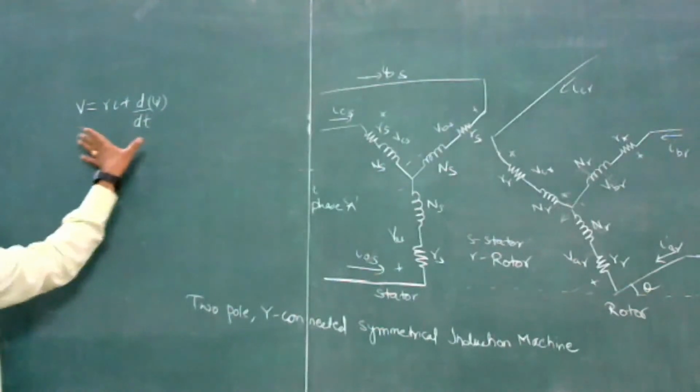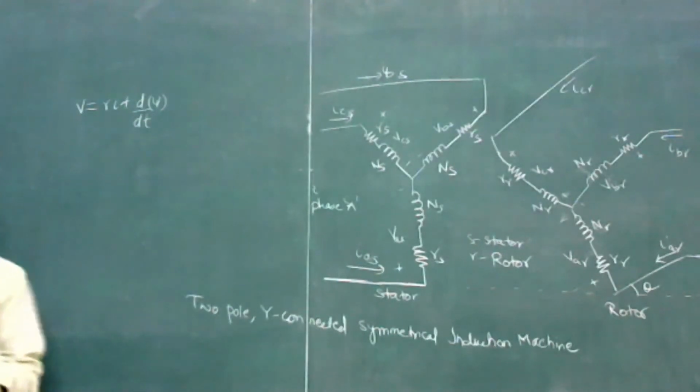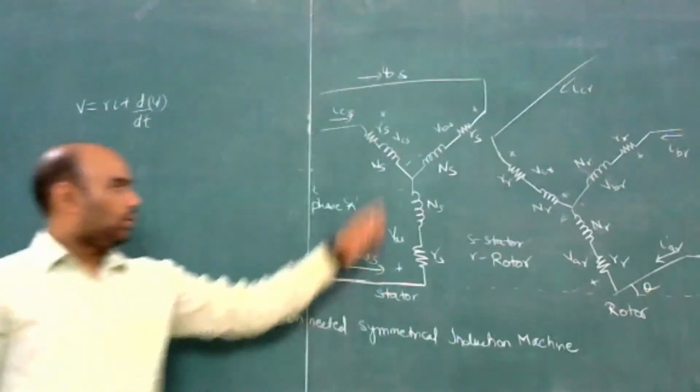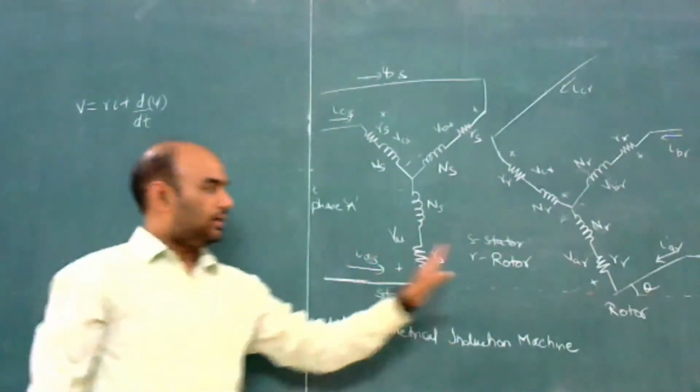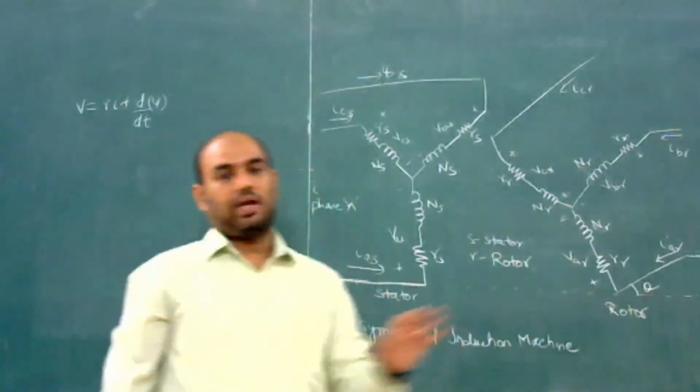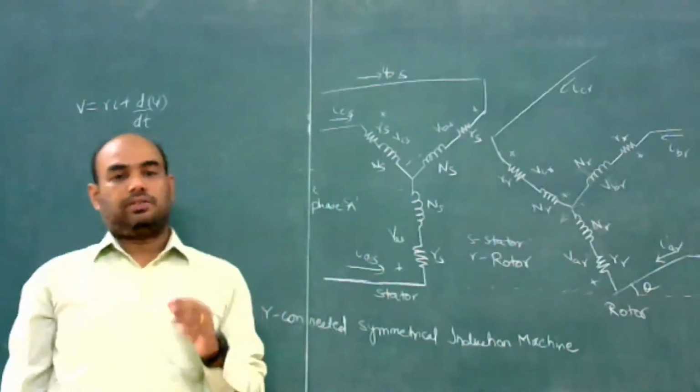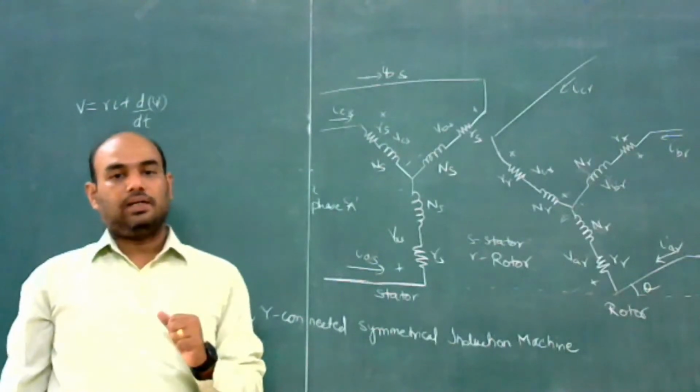This is the general equation of voltage when a voltage is applied to a coil. Here we have 6 coils, 3 on the stator side and 3 on the rotor side, so we have to write 6 voltage-current relations.